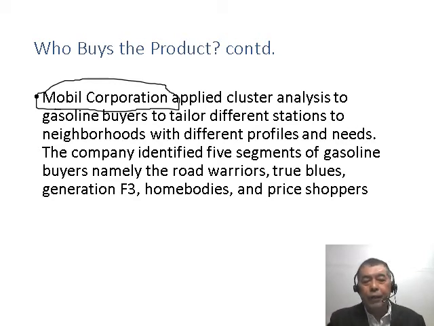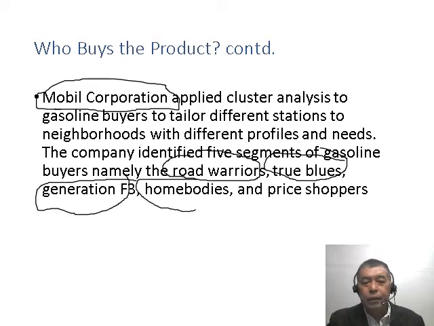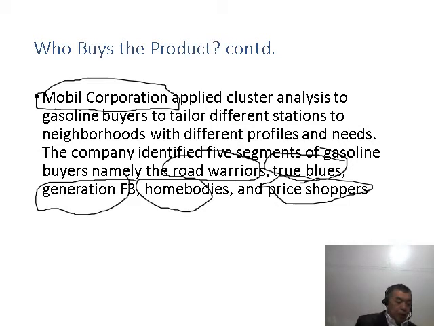They classified them as road warriors, true blues, generation F3, the homebodies, and the price shoppers. So this is the classification used by Mobile Corporation, because these categories might not be the same in the food industries.